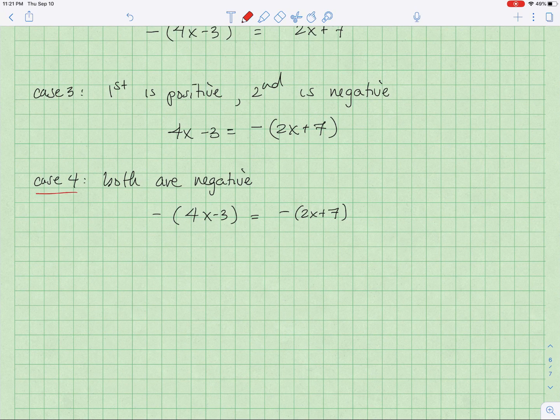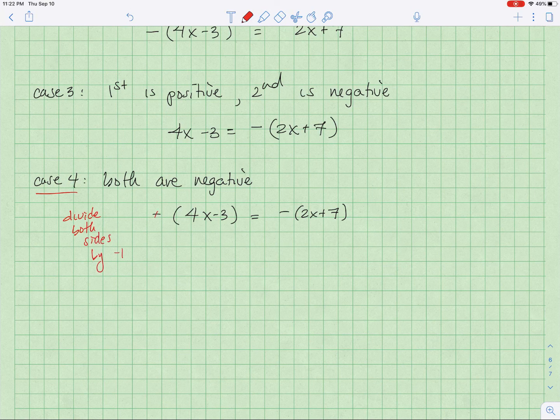We could distribute the negative sign on both sides of the equation, or we could divide both sides by -1.